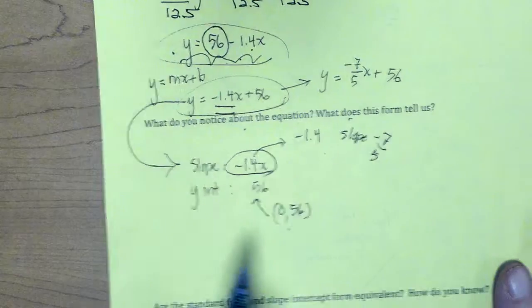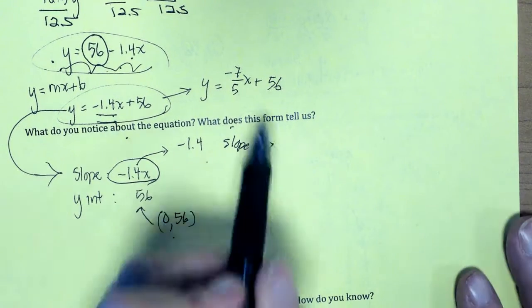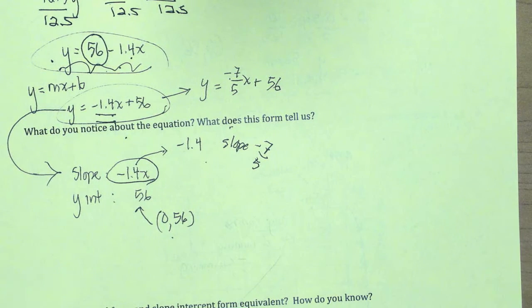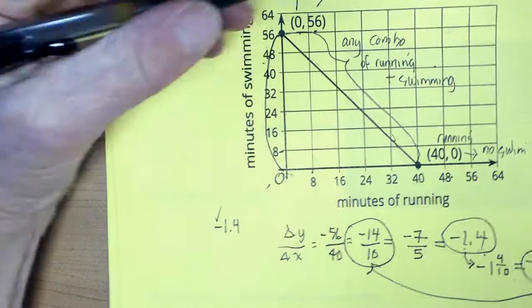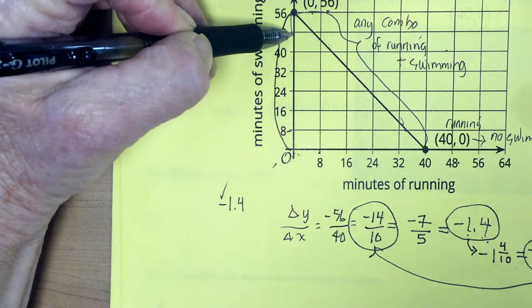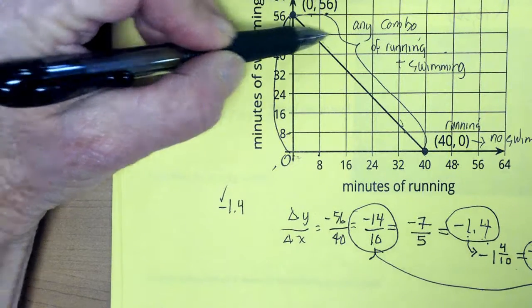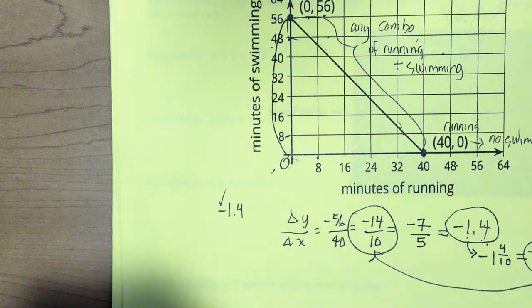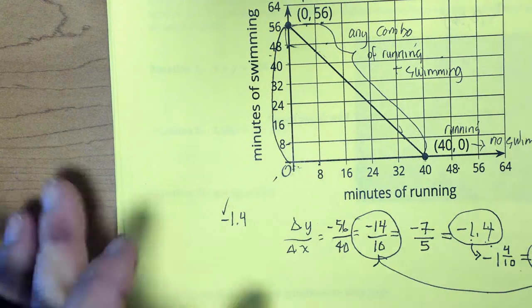So that means I'm going to go down, meaning negative, right? So down 7 for every 5. So every 7 minutes of swimming that I decide not to do, I can increase my minutes of running by 5. And I can scale that up or down depending, right? So that's how I figure that out.